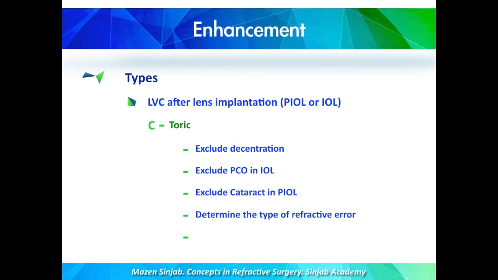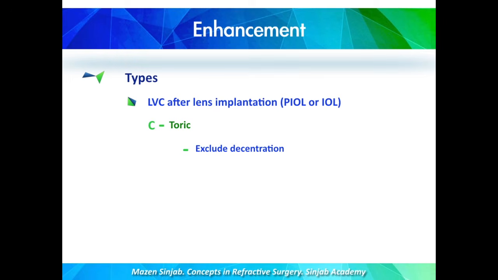We have to determine the type of refractive error and determine the amount and axis of the manifest astigmatism. How to exclude decentration? By dilated exam, and when we see a disparity between tomography and total wavefront analysis.